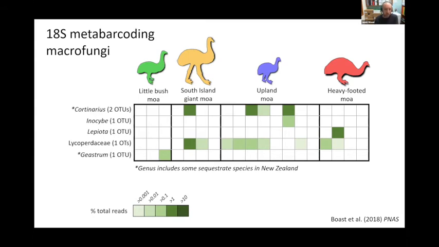Cortinarius, for example, includes some of the bright purple coloured fungi shown on previous slides. However, it was not possible to resolve the OTUs to species level based on this short barcode region. And so while these data provide tantalizing evidence that moa might once have eaten sequestrate fungi, they don't actually demonstrate this with certainty.